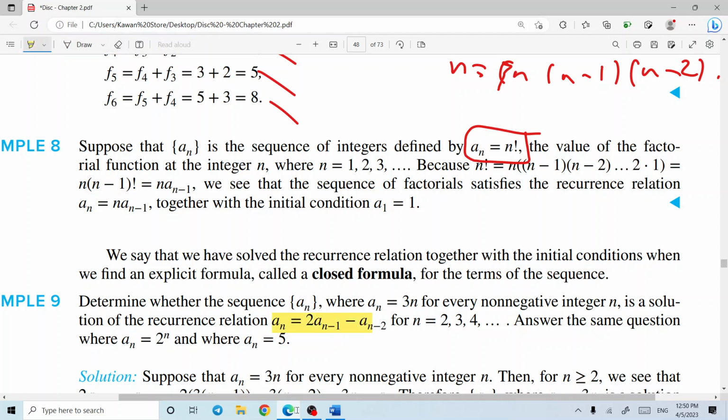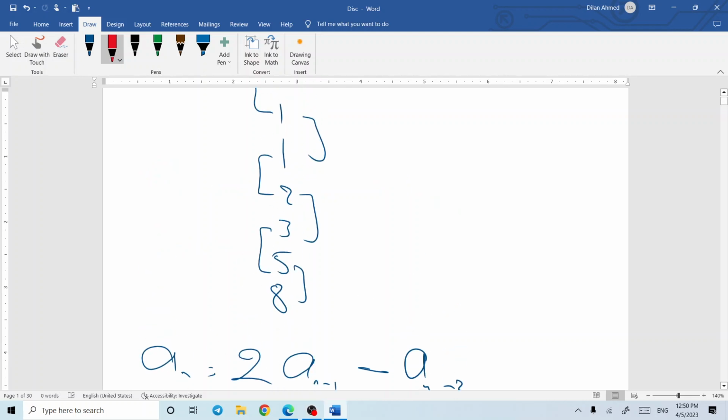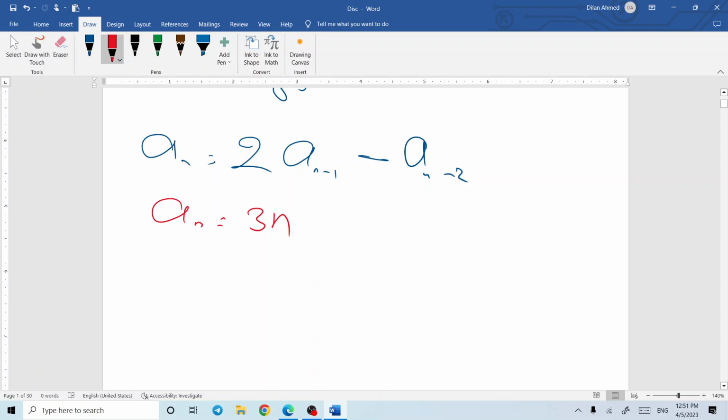That's the important. Good. Now how do we solve that one? For example, n to be any number, if an equals 3n, that one is an equation, so I can write down an depending on the given.